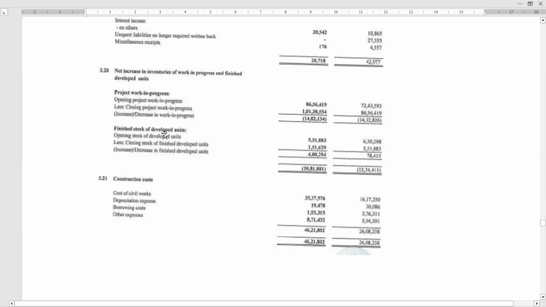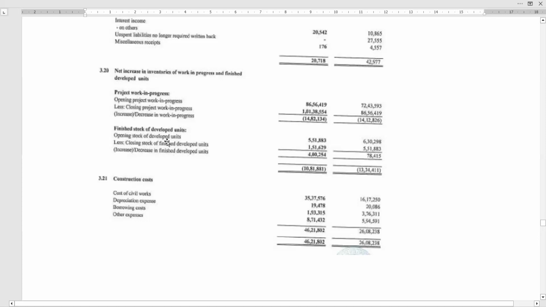Okay. Now finished stock of developed units. See, there is work in progress, there is finished goods. There may be raw materials also, but maybe they are not procuring the material directly. Contractor would be procuring like steel, cement, bricks, all these things. So maybe they would have given it as a turnkey contract.